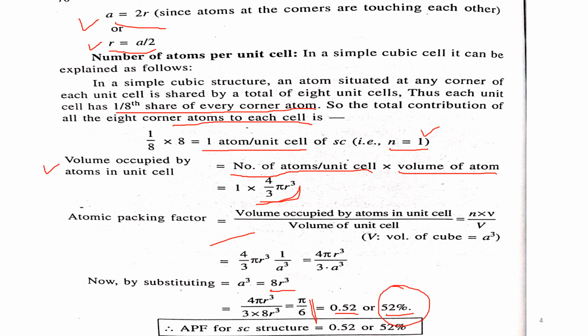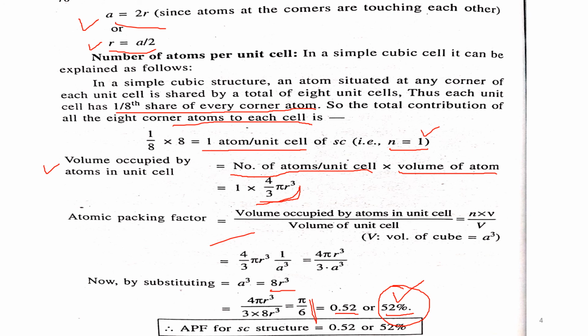Therefore, by arranging the closest packing, by the concept of closest packing of rigid spheres, we apply the coordination number 6 for each rigid sphere layer. Then only have we effectively occupied 52% of the space.